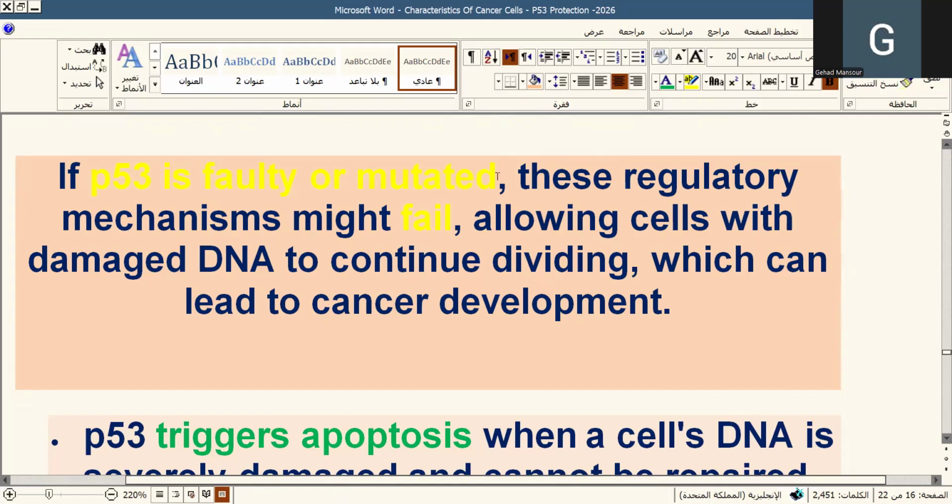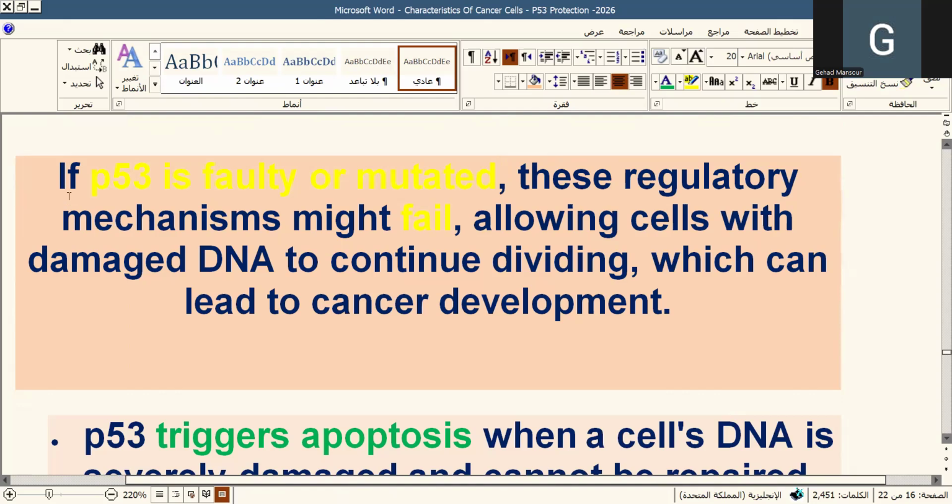And this is the cause behind the success of the malignant cells in escaping the expected checkpoint P53, because that P53 checkpoint itself is not functioning properly since the gene that expresses it is mutated.